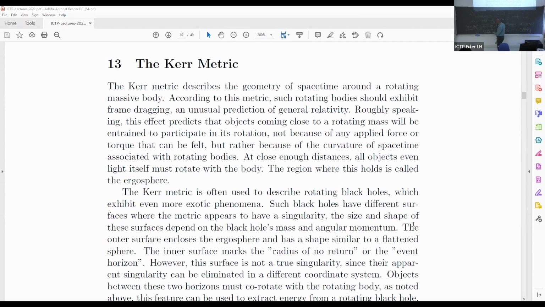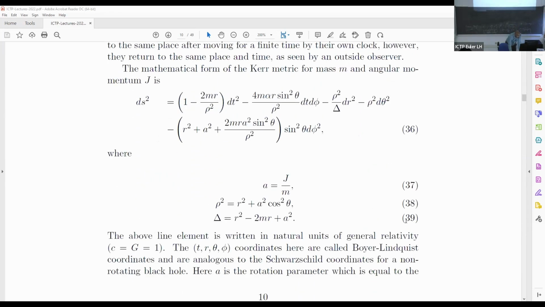So now we quickly come to the third major solution that is discussed. These are the basic solutions: whenever they discuss the field equations, they discuss these three basic solutions. The third solution is the Kerr solution. It's a bit lengthy, but I think I should write it on the board.